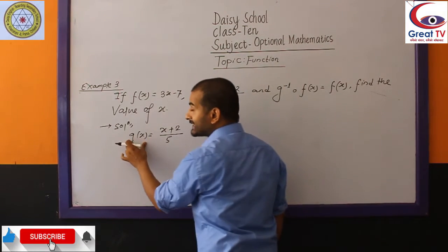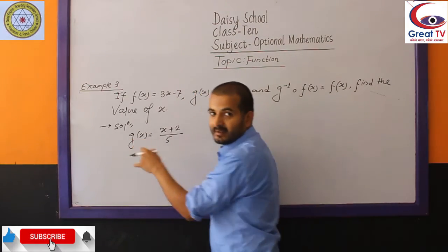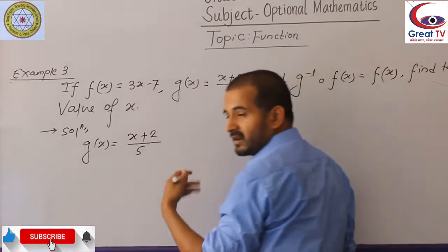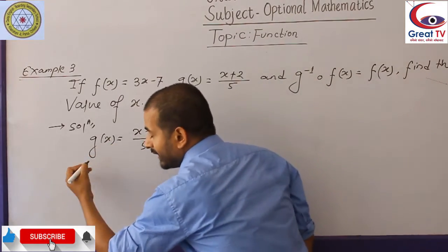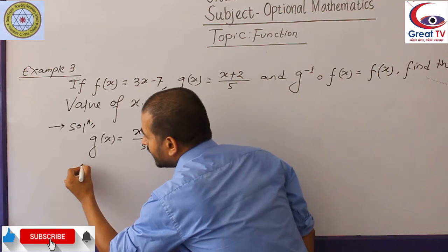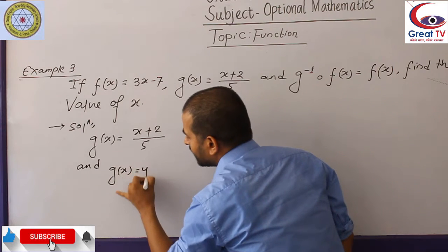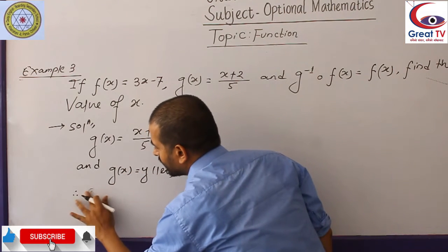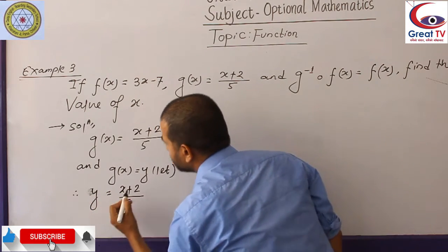So g(x) itself is a range, and range is written as y, as I told you. In the book you can find g(x) written as y like this, and g(x) equals y. Therefore we can write y equals (x plus 2) by 5.